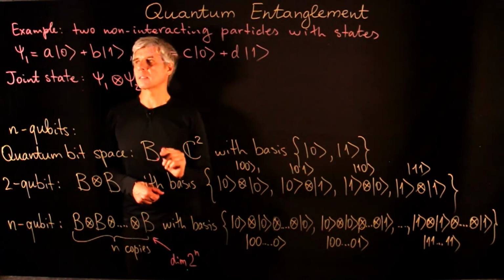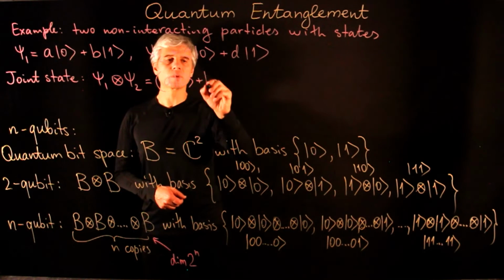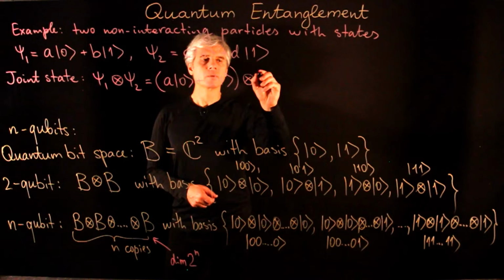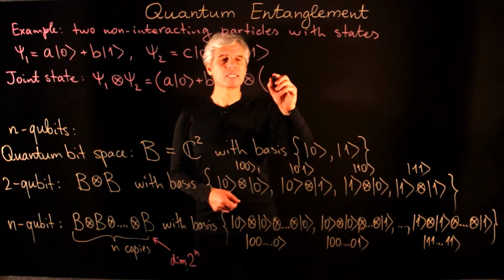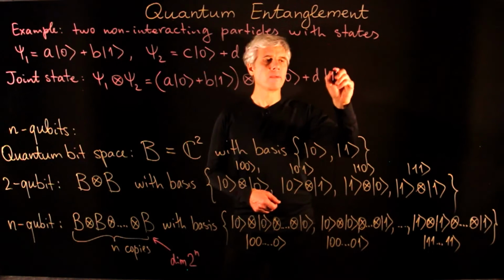Now let's write it in a basis. So it's the product: a0 plus b1 tensor with c0 plus d1.